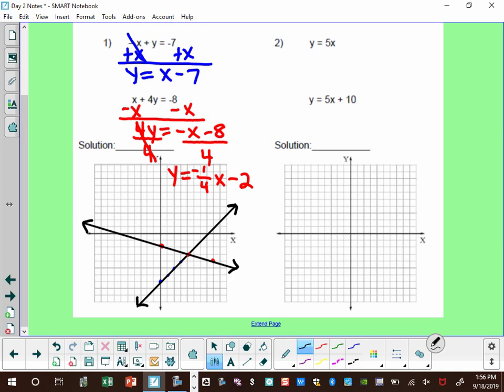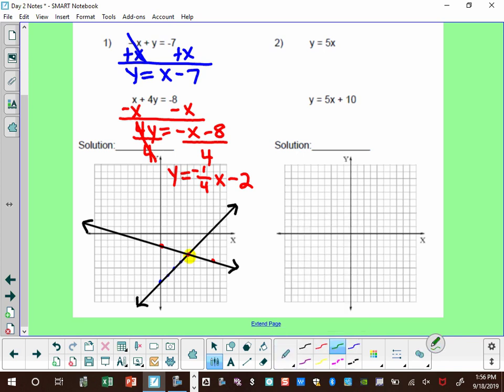All right, they want us to say what's my solution, meaning where are both lines crossing? What point is that? Do we all agree that I am crossing right there in my highlighted spots? That's my intersection.